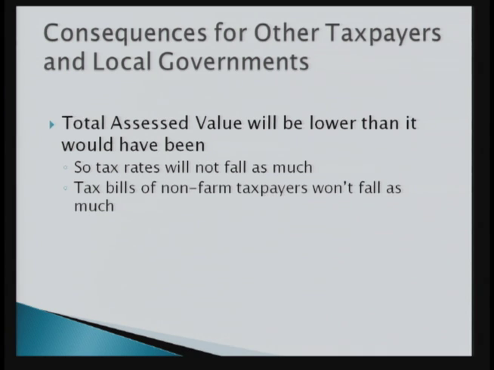If assessed value is lower, the tax rate required to raise any particular revenue amount has to be higher, which means that as we move forward and as assessed values increase, tax rates will not fall as much as they would had we not changed the assessment formula. And because tax rates will not fall as much, tax bills of non-farm taxpayers won't fall as much either. In a sense, we will prevent some of the shift that would have occurred from non-farm taxpayers to farmland taxpayers because of Senate Bill 396.